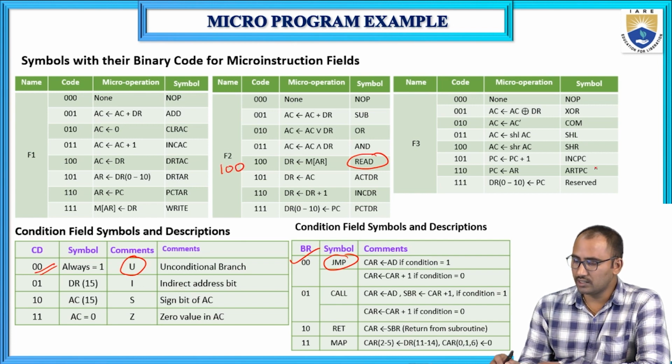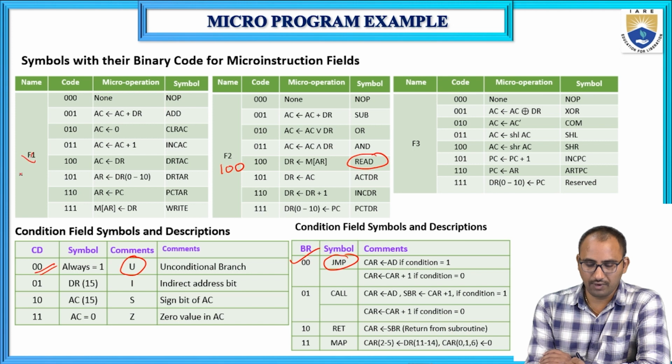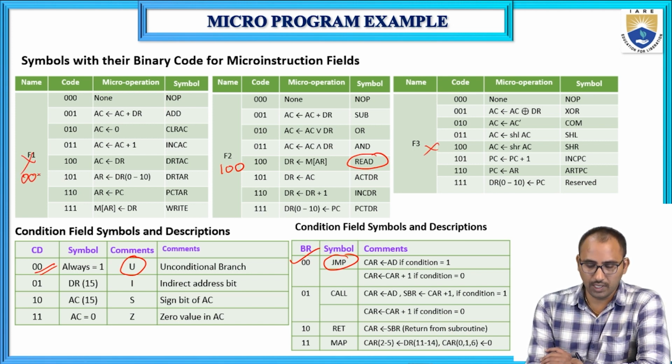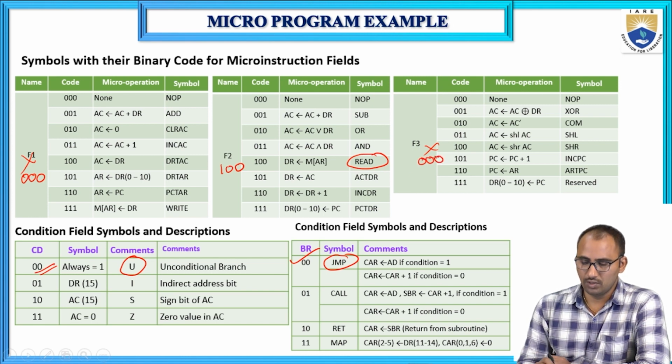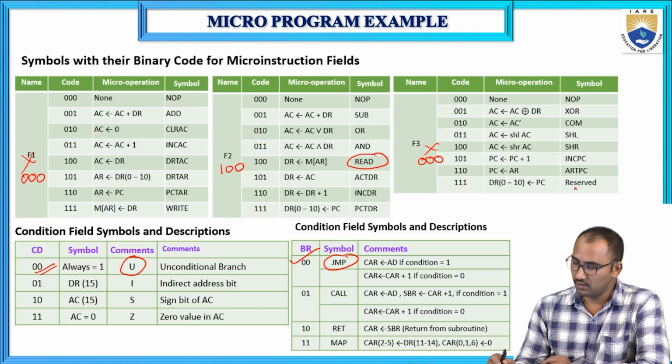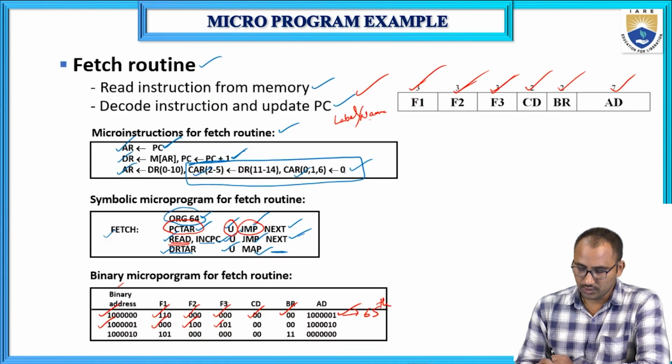Read is not available in the F1 field and F3 field. So that's why the F1 field should be 000 and the F3 field also 000.